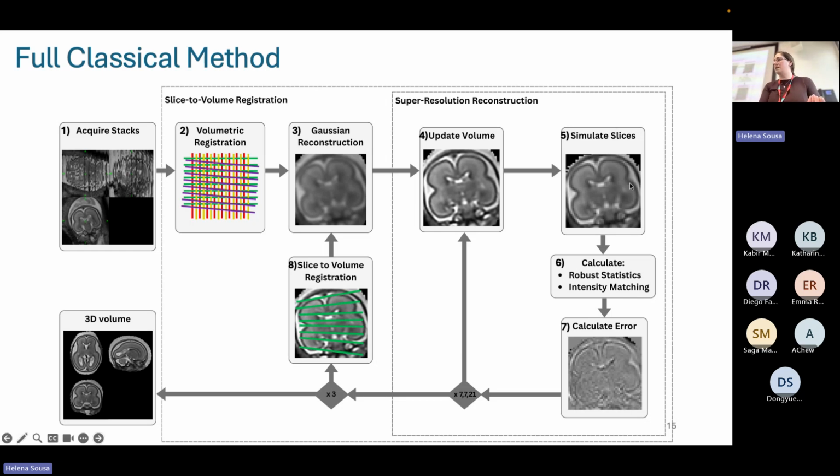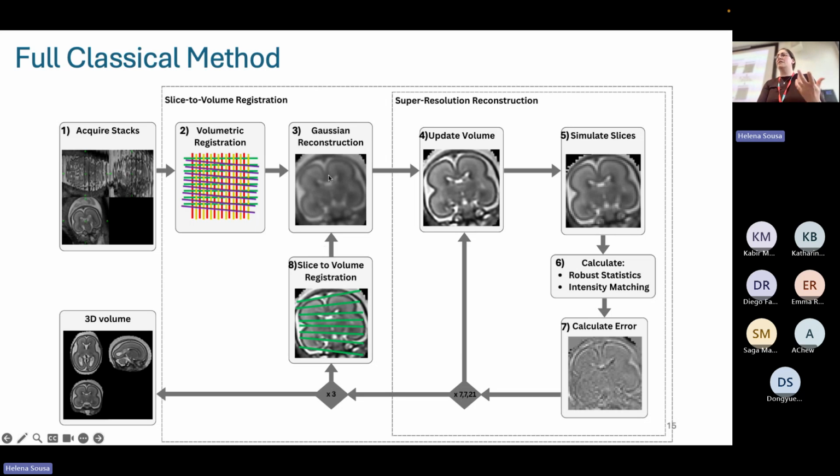From this, we simulate our slices. We calculate the robust statistics and intensity matching, and then calculate the error. And then this gets repeated a set number of times to iteratively improve the volume. Once we're happy with the volume, we will then exit, and we can do our slice to volume registration to accurately try and align those slices within the volume before we start this again with the new alignments and do a Gaussian reconstruction and so on and so forth.